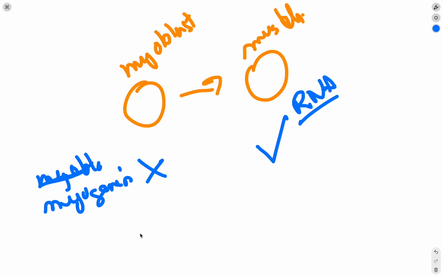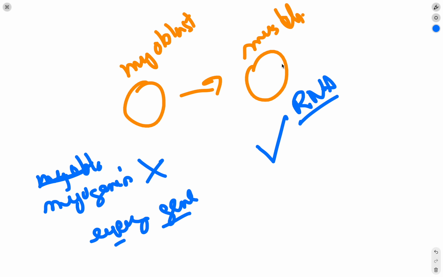So now imagine we just do that for every gene. And we would find several genes that were expressed in muscles, but not myoblasts. And these would be the genes that are important for making muscles. And so people often just call them generally muscle genes or muscle-specific genes.